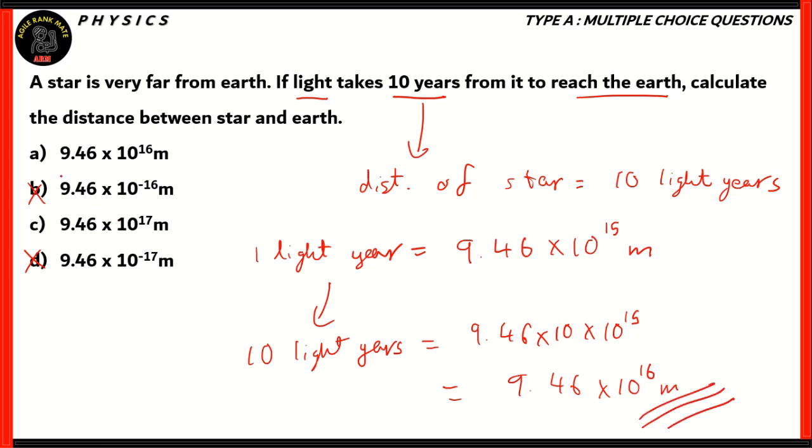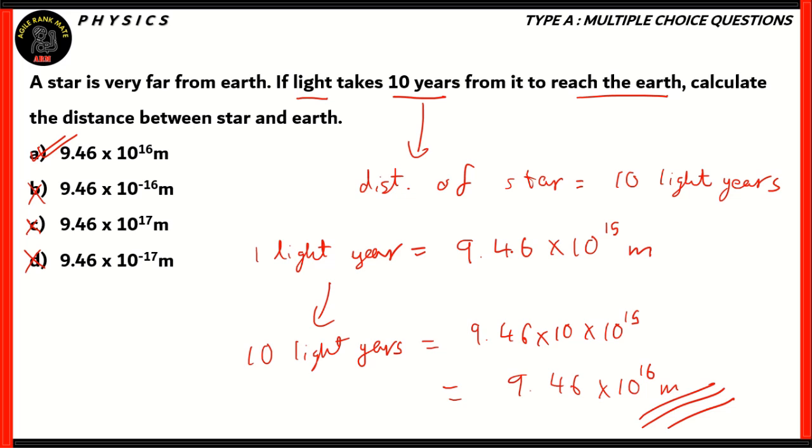So as you can see, among the two options remaining, option A turns out to be the right answer. The value 9.46 is same across the 4 options. The difference was in the exponent. Since a light year is bigger than a meter, the exponent has to be positive. B and D are therefore incorrect.